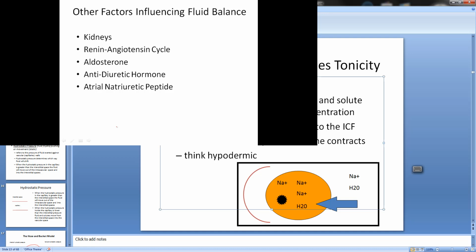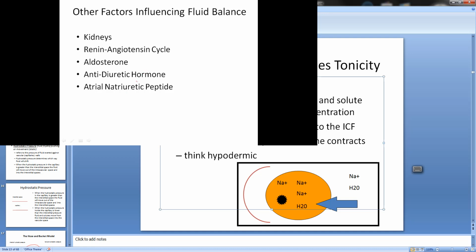Aldosterone, I usually think of, it sounds Italian to me because you want to salt the water in your pasta. So aldosterone is important for sodium and water retention. At times when you have low hydrostatic pressure in your vasculature, you would want increased levels of aldosterone for sodium to bind more with water and to increase the amount of water in the vasculature. So the kidneys will respond by increasing sodium and water reabsorption and therefore restoring blood pressure.